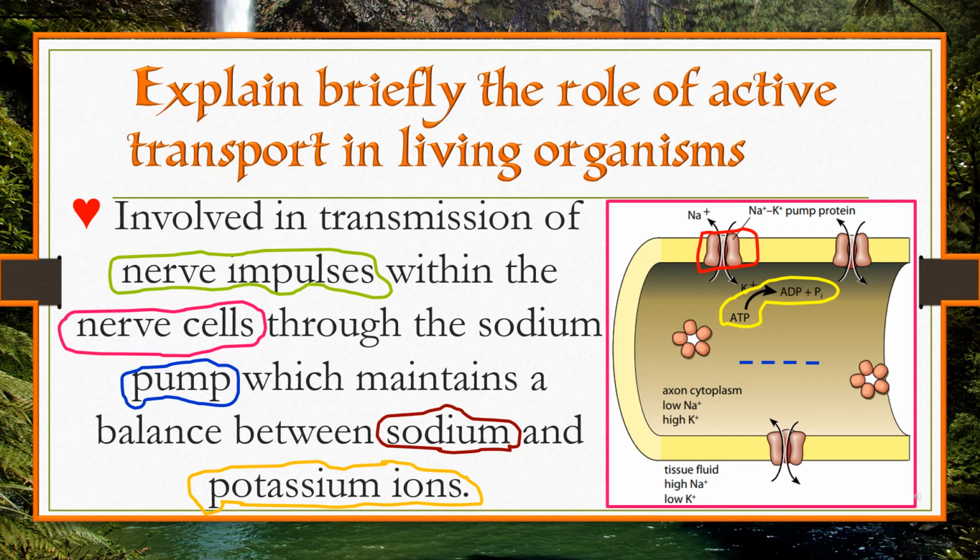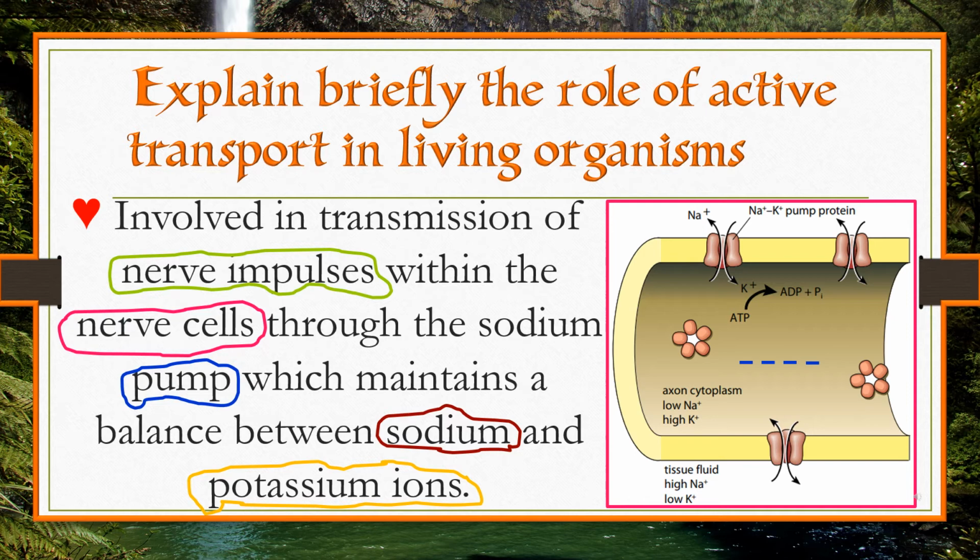And therefore, now we no longer need the use of energy. We shall stop using the energy. And when we stop providing the energy, our sodium-potassium pump will also stop, because the axon cytoplasm has gone back to its negative potential.